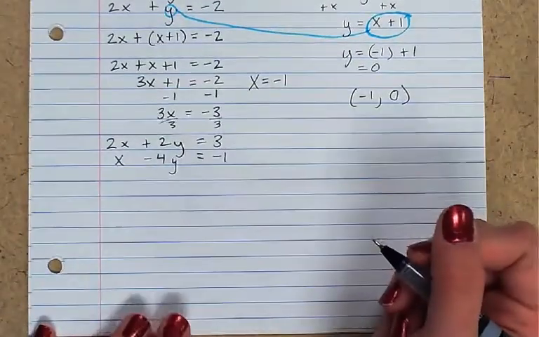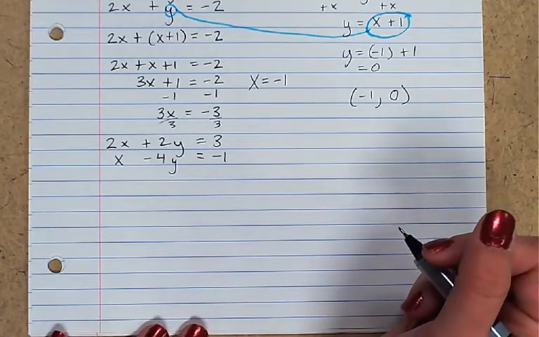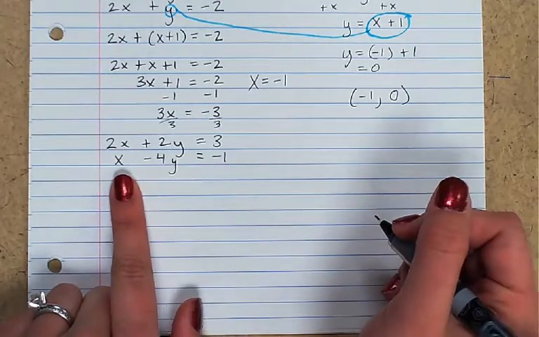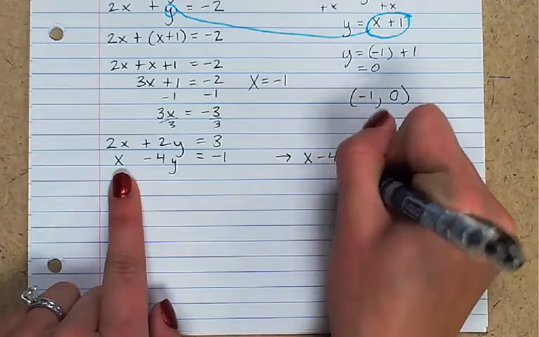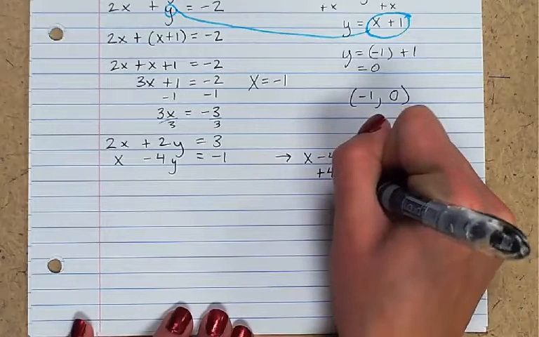So let's do one more. Again, you're going to want to choose the letter that's going to be the easiest to isolate. So this x is positive and it has no numbers in front, so I'm going to choose to get that x by itself. And the way I'm going to do that is I'm just going to add 4y to both sides.